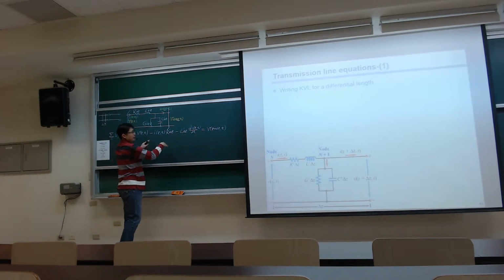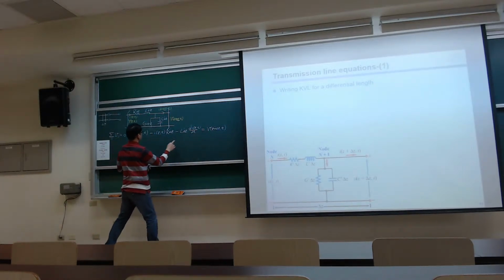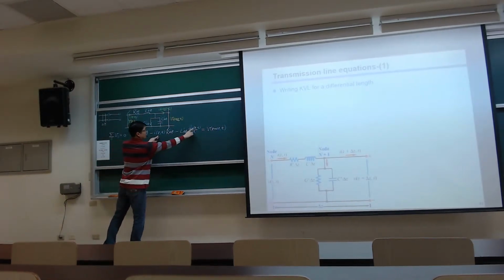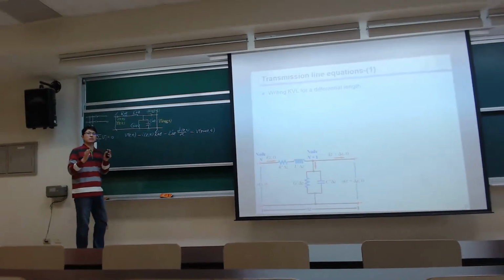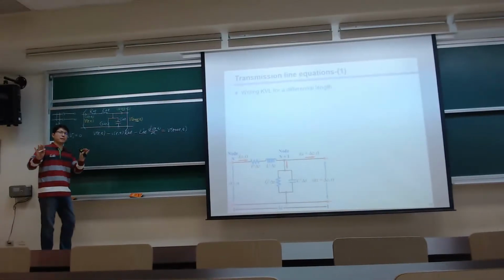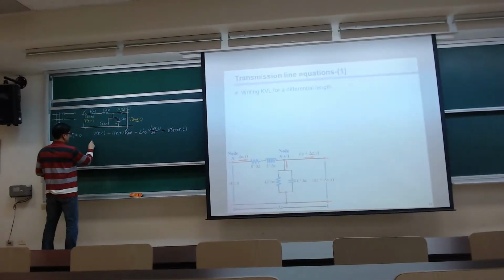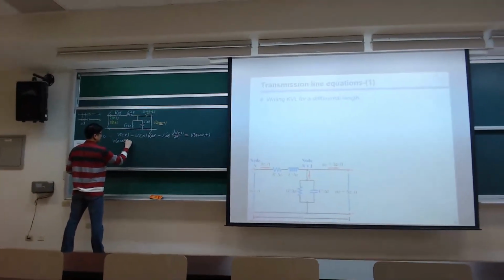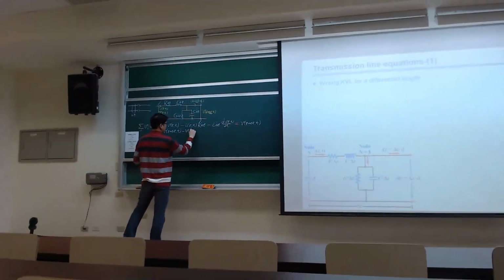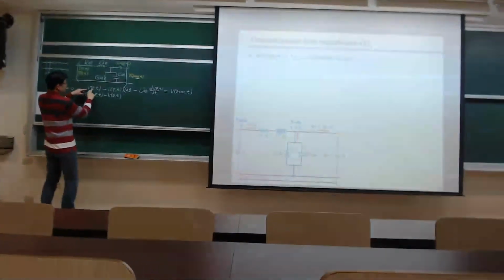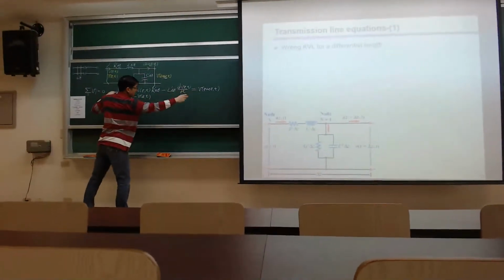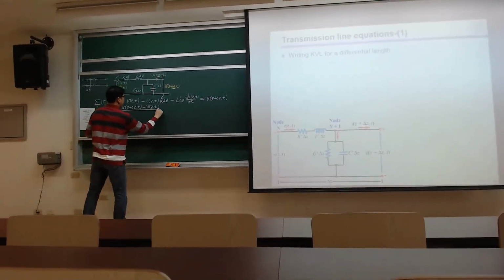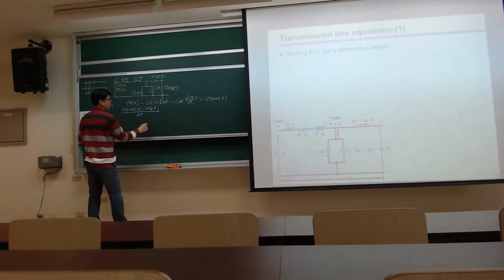I can do some regrouping, right? Voltage and voltage, current and current. I want to classify them onto both sides. Okay, so let's do it. I'm moving this to the right, and then I divide it by delta z.